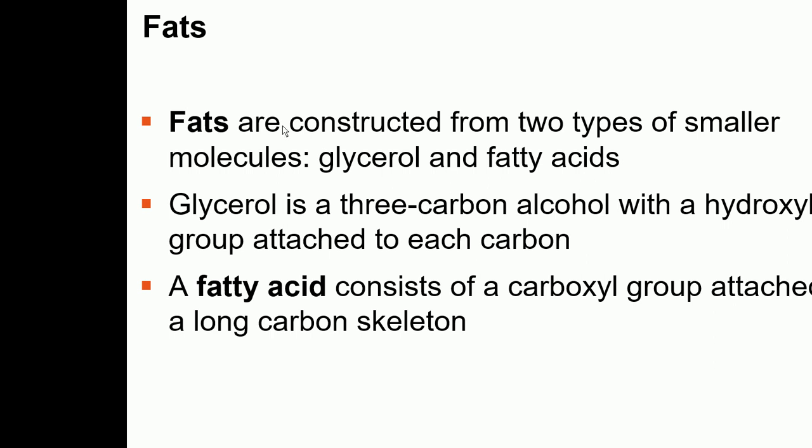And then there is glycerol. Glycerol is a 3-carbon alcohol. So it has 3 carbons in it, and each carbon is linked to a hydroxyl group. So in the glycerol there are 3 carbons and 3 hydroxyl groups. And in the fat molecule, 1 glycerol molecule is attached to 3 fatty acids. Fats are also called triglycerides because there is 1 glycerol and 3 fatty acids.